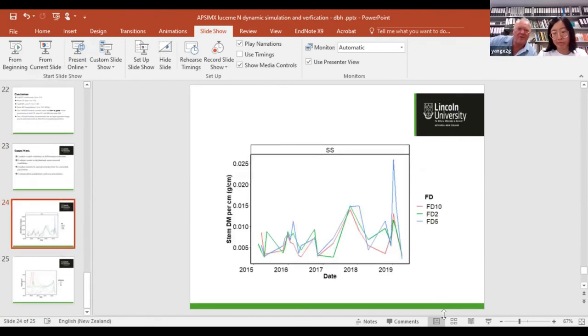Okay. We actually didn't find any differences in the stems, and Human asked us earlier to look at the stem weight per centimeter, so grams per centimeter of the different height plants, and you can see they pretty much followed the same pattern. There's maybe something happening with the FD5s at the end there, but it's probably a wrong data point, because I extrapolated height.